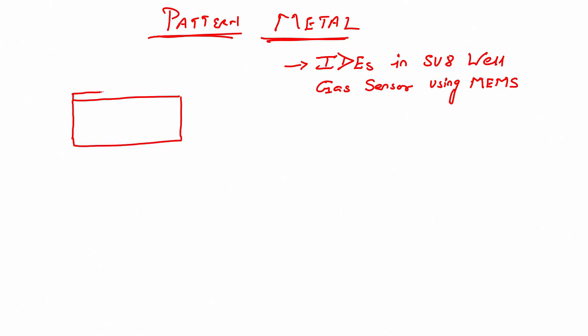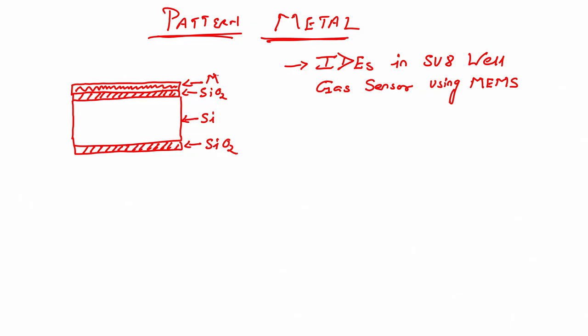So, now we know that if we have an oxidized wafer and a metal on the oxidized wafer, that is, metal, silicon dioxide, silicon.